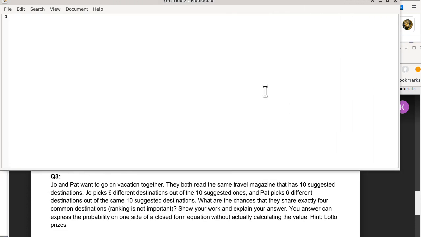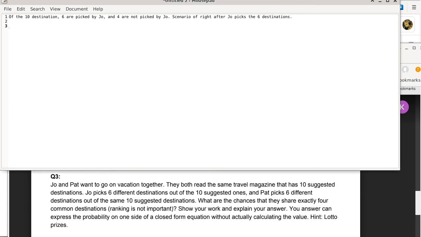So I would say, of the 10 destinations, 6 are picked by Joe, and 4 are not picked by Joe. This is the scenario right after Joe picks the 6 destinations.